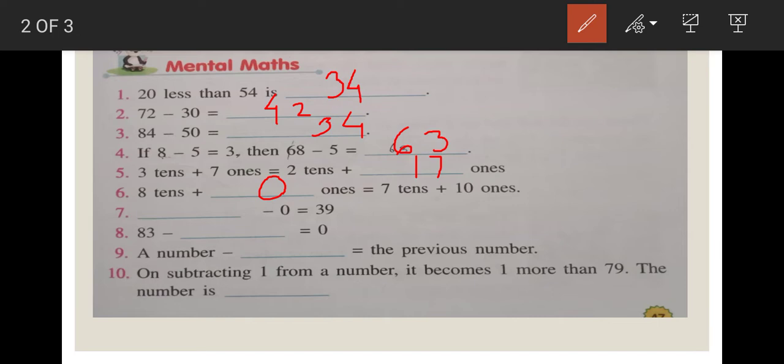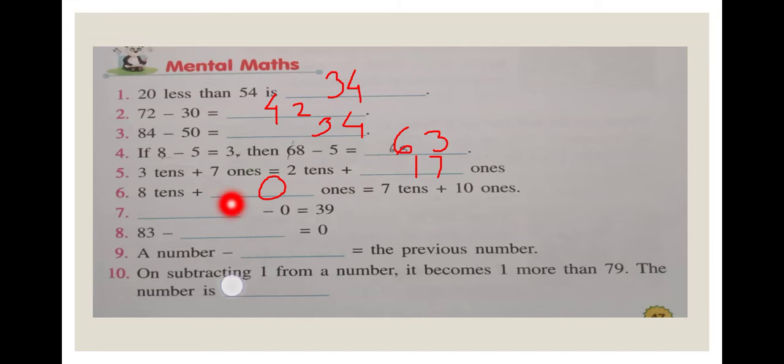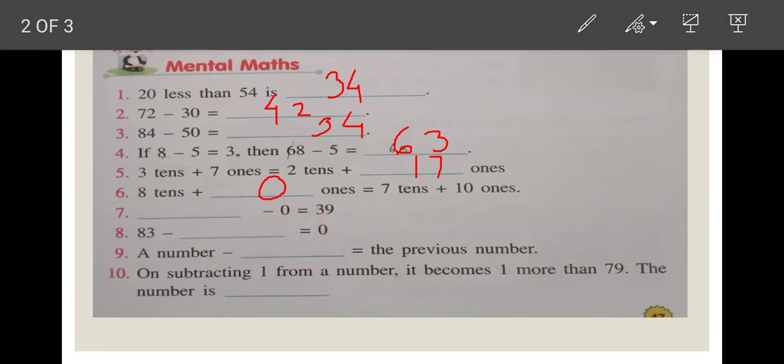Now in the same way, here dash minus 0 is 39. So this 39 must come here, then only a number minus 0 is the same number, right? So we have to write here 39.